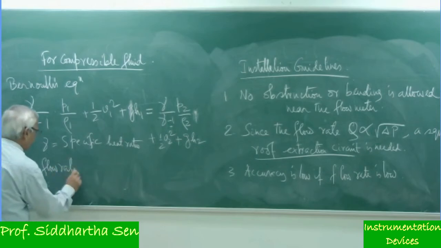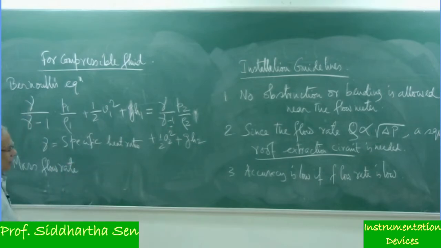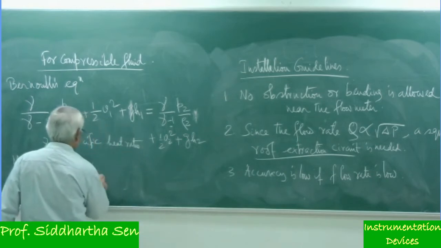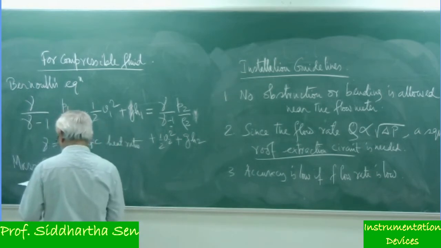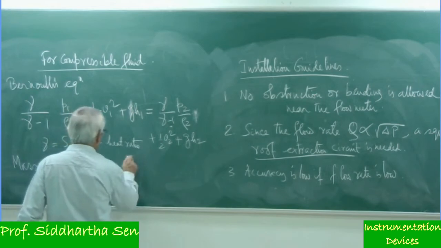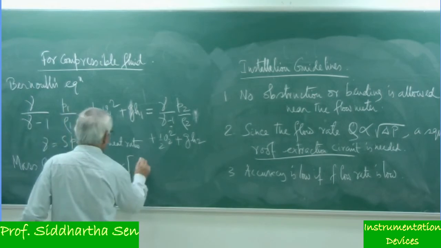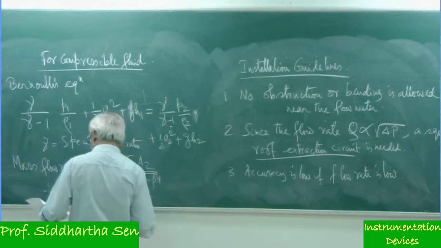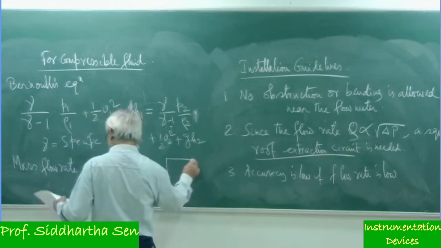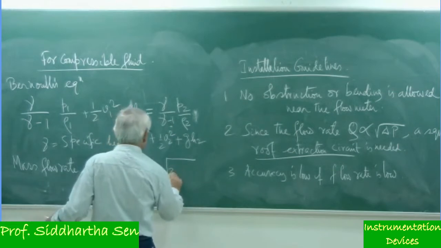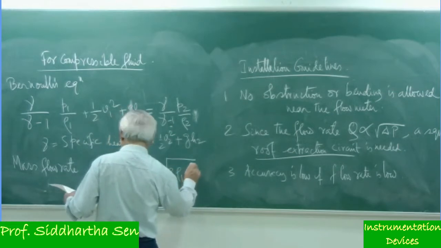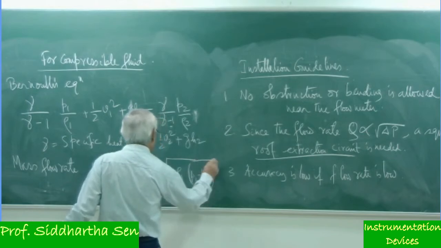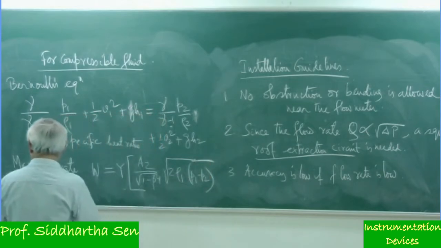That means the flow rate at that instant we multiply by the density, and this is given as W is equal to Y A2 divided by root over 1 minus beta to the power 4, into root over 2 rho 1 into P1 minus P2. This Y is a correction factor.